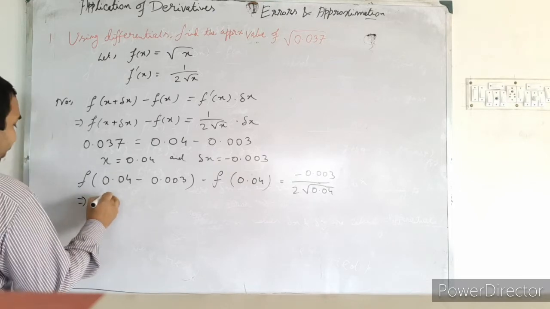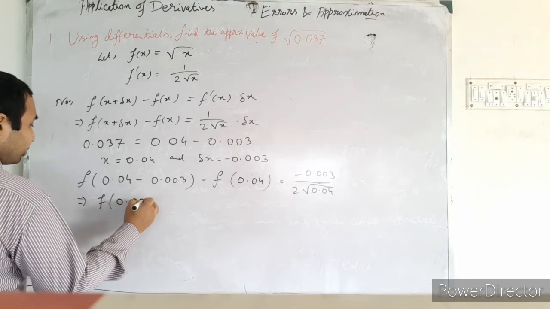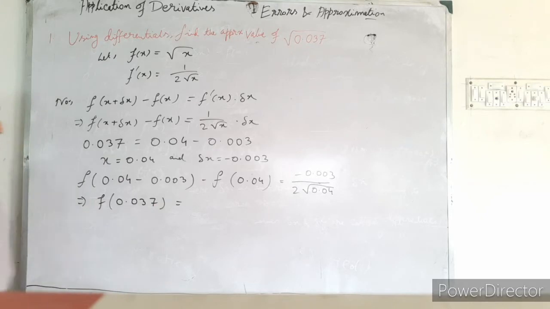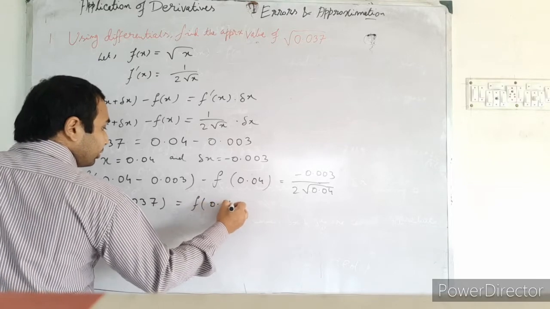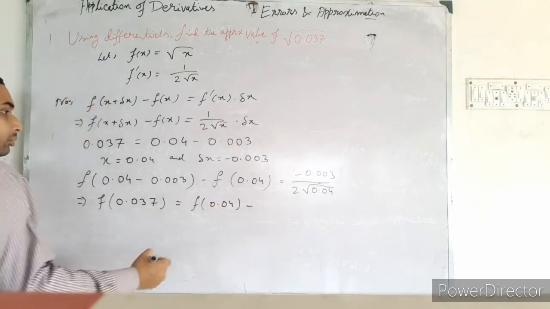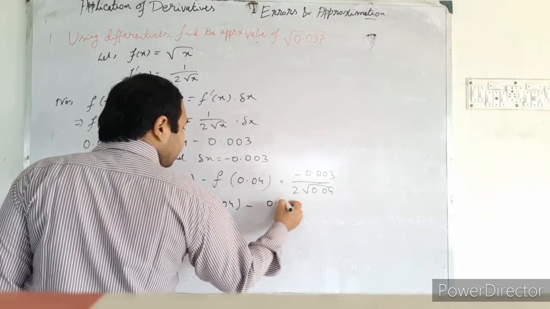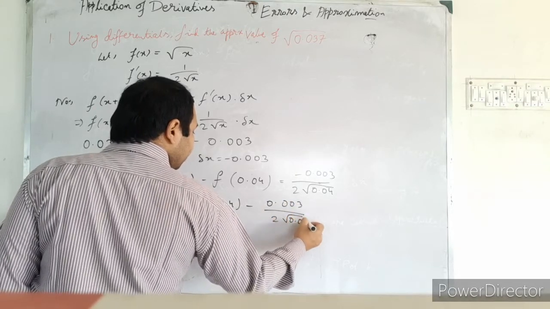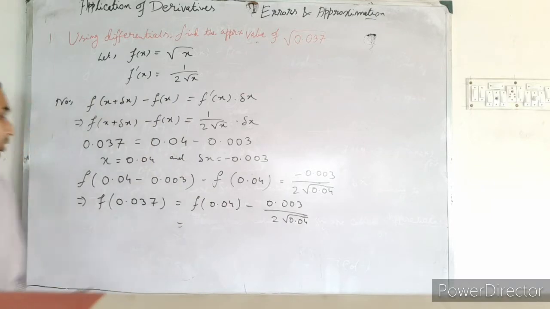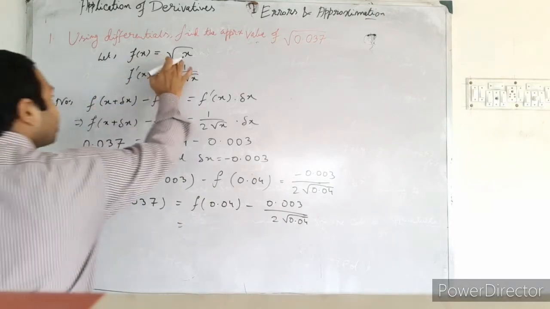So f of 0.037 here is equal to f of 0.04 minus 0.003 by 2 root over 0.04. So f of 0.04, that means root over x.